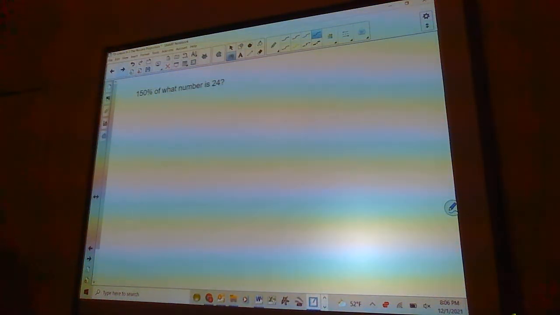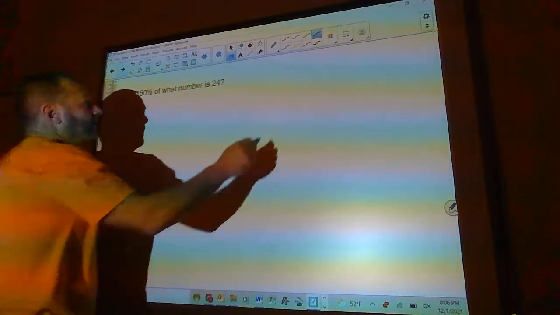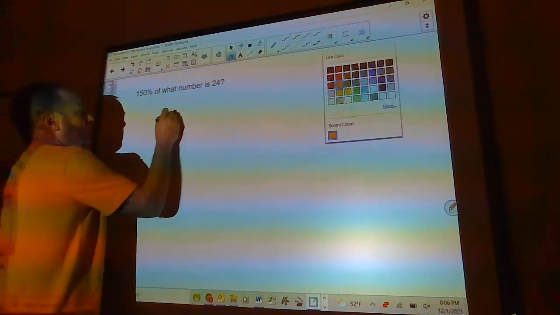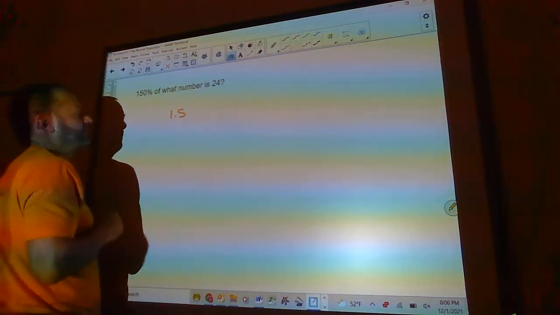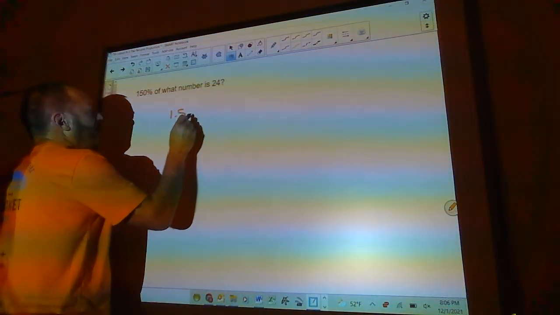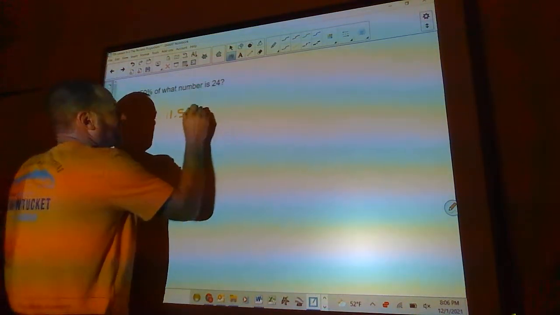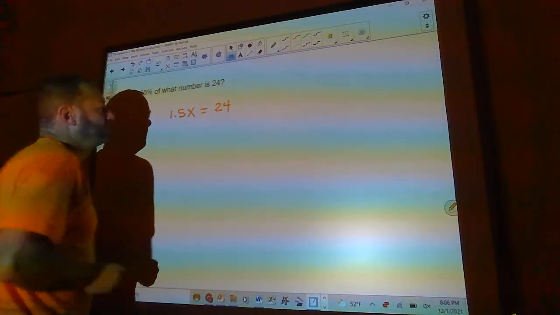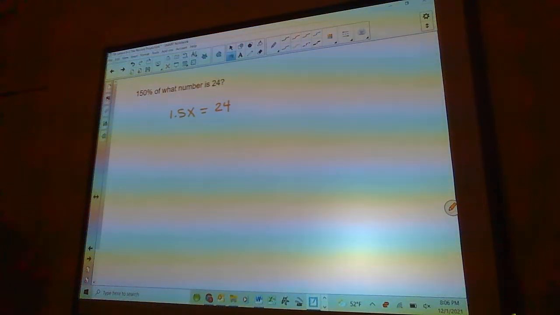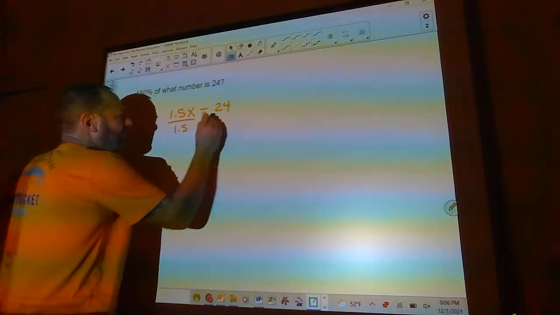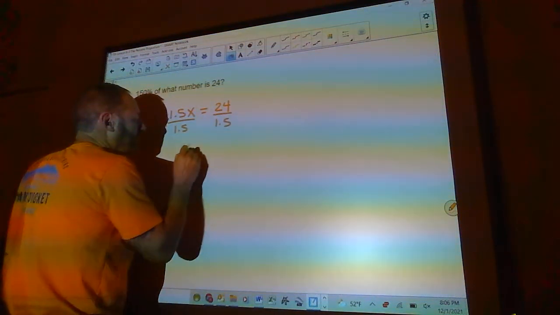150% of what number is 24? Okay, so this one, 150, that's 1.5. Of means times, so the variable is what number, X, equals 24. Okay, so I'm going to go ahead and solve this one by dividing by 1.5.